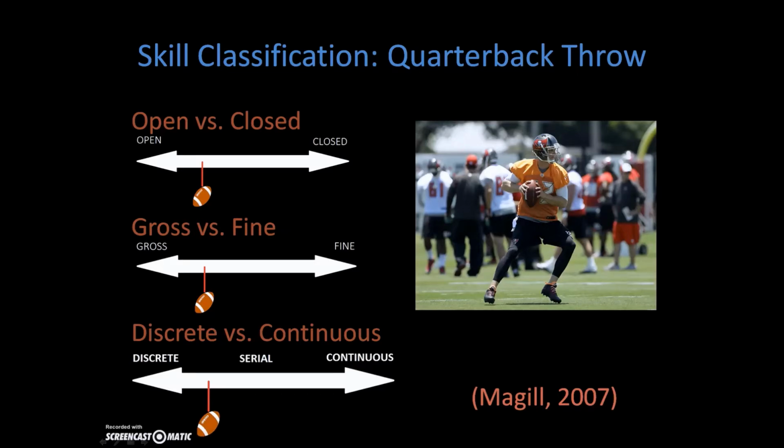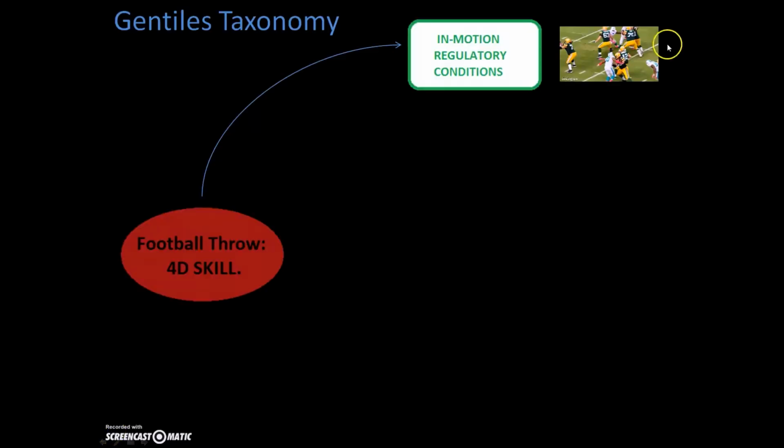On the gross and fine continuum, it is a more gross motor skill than a fine motor skill, although it does have some fine elements to it, such as imparting the spin on the ball, but for the most part it uses a lot of muscle groups and a lot of joints, making it a gross motor skill. And it does have a fairly obvious beginning and end, which would make it a more discrete motor skill as compared to a continuous one.